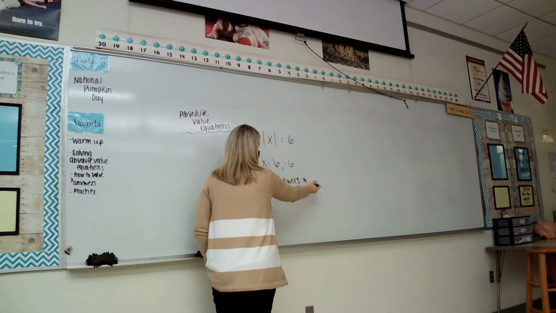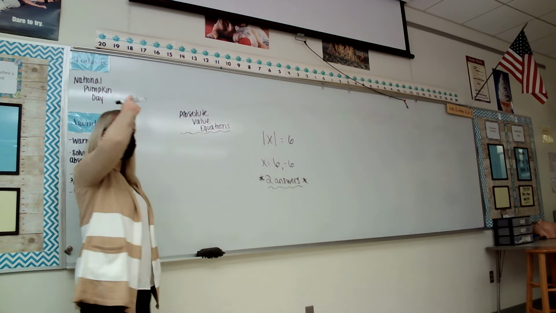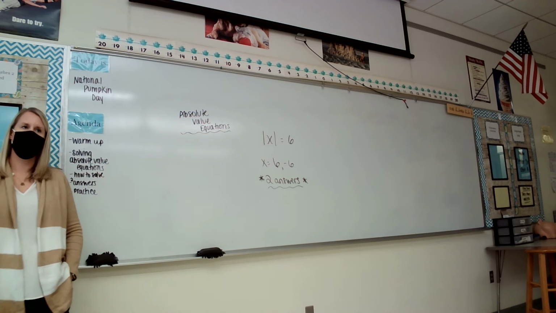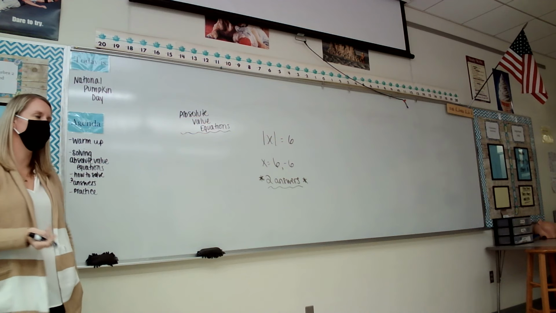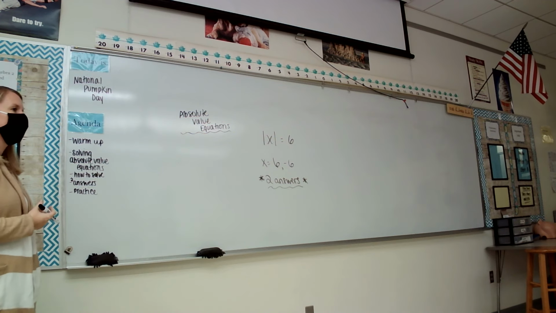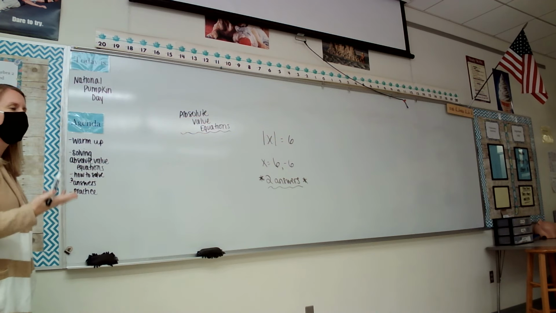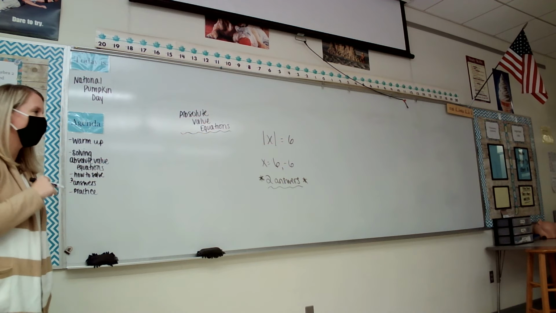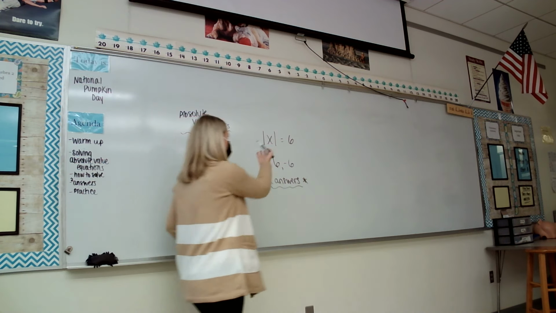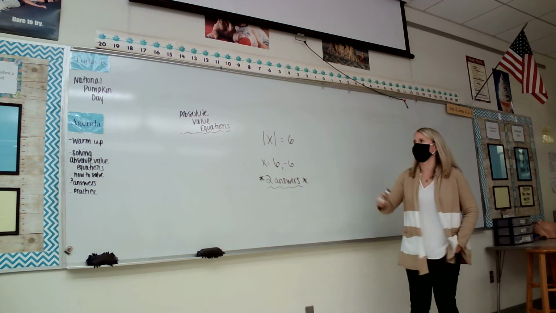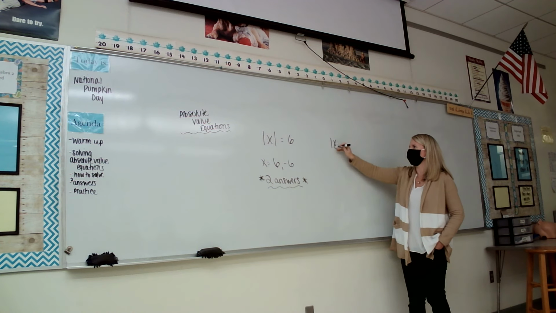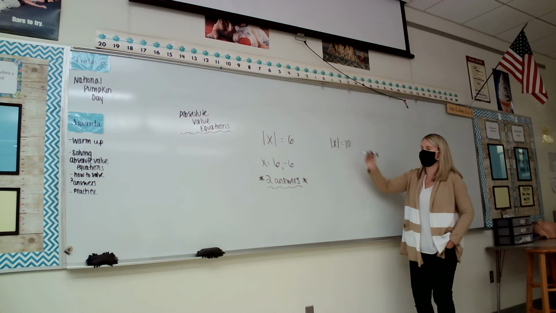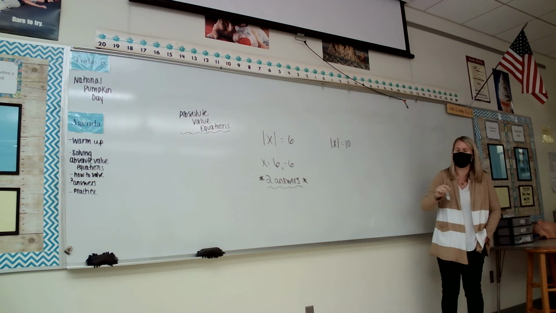So that's the one thing we kind of want to stick into our brain about absolute values. There's going to be two answers, so we're going to go through the process to get those two answers. But let's just kind of start with the basics and work our way up. So kind of along the same lines. If I say the absolute value of x equals 10, this is kind of how I organize myself as we continue to go on.